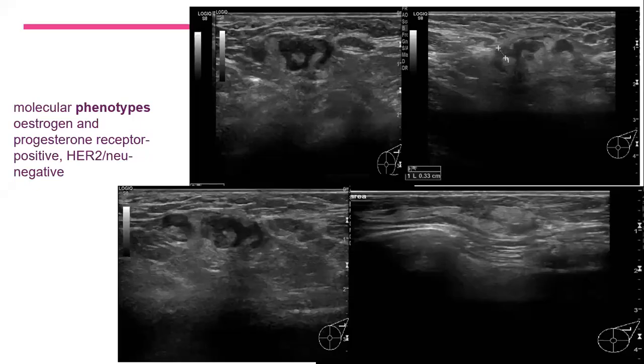And this time, fortunately, we have a Sudanese pathologist, a competent one. He diagnosed breast cancer with molecular phenotypes of estrogen progesterone receptor positive HER2 negative from the axillary adenopathy.